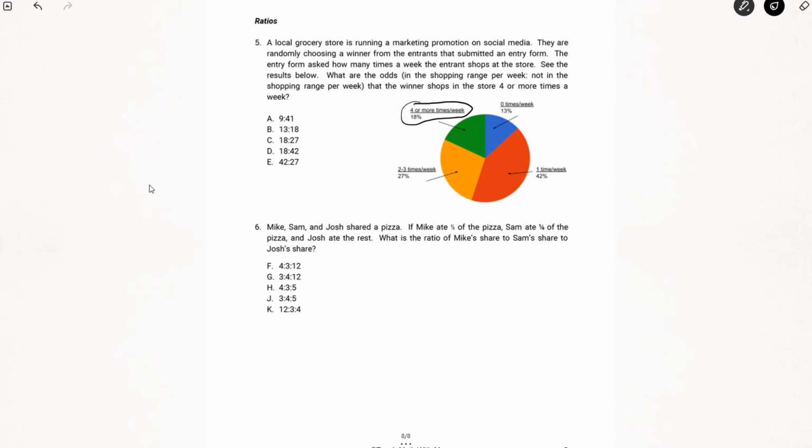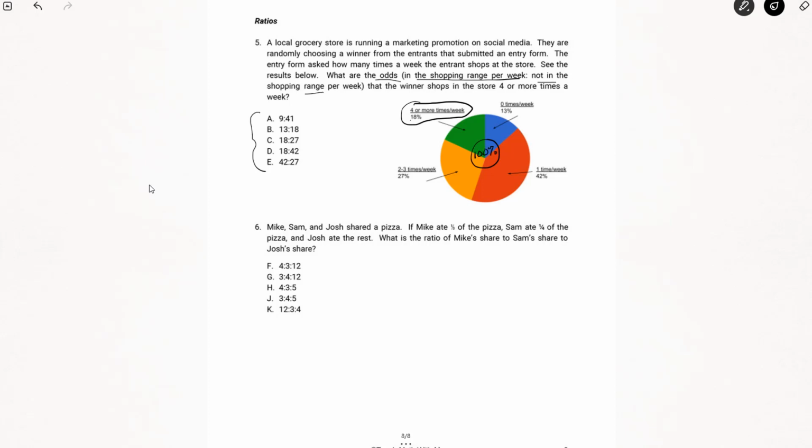So we're looking, though, for a ratio odds, and we can look at our answer choices and see that they are in the form with a colon. This gives us the definition right here: in the shopping range per week and not in the shopping range per week. So in this range of 4 or more times a week is 18%. So we know the full range of the entire circle graph is 100%.